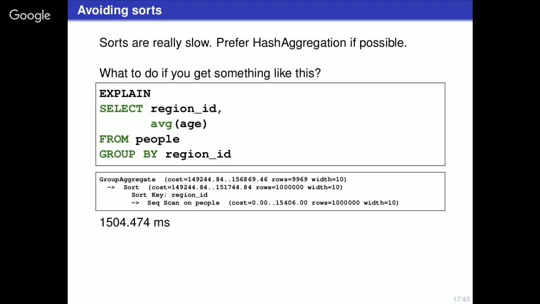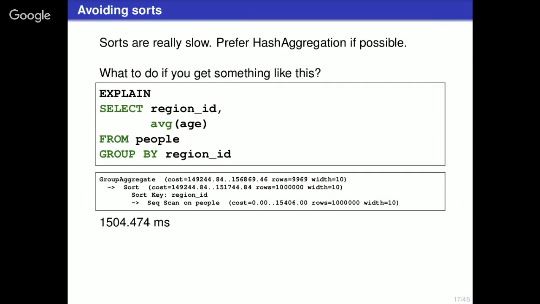What to do if you get something like this? You run an ordinary group by. Your explain shows you that you will use sort and group aggregate, and it works for 1.5 seconds.